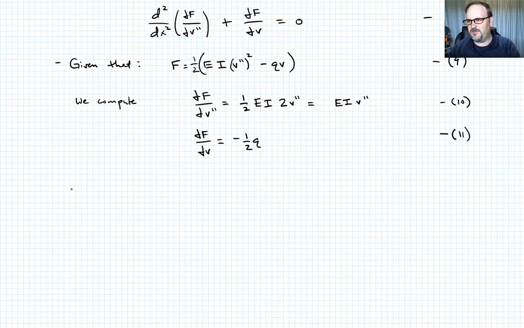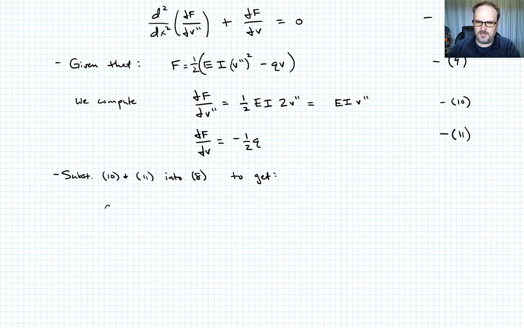Now I'm just going to substitute 10 and 11 into equation 8. I get a governing differential equation that looks like d squared dx squared of the quantity EI V double prime, minus 1/2 q, is equal to 0. Let's call that equation 12.